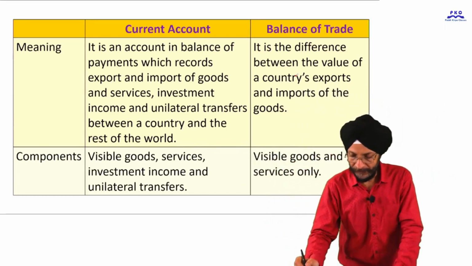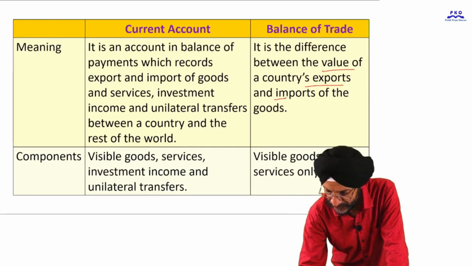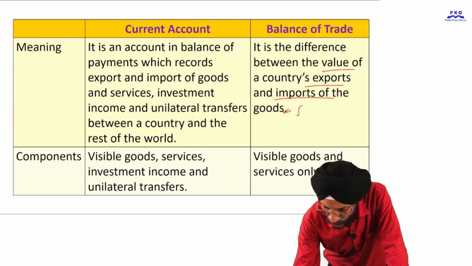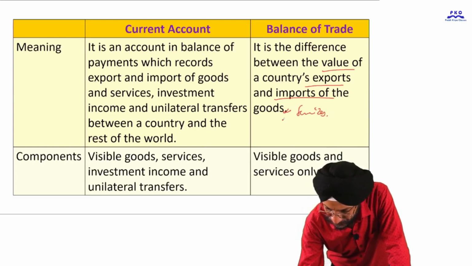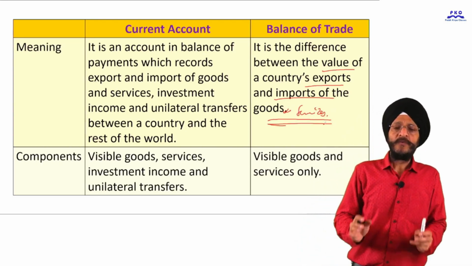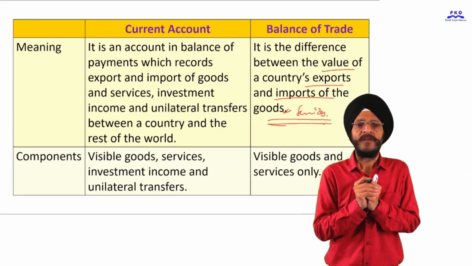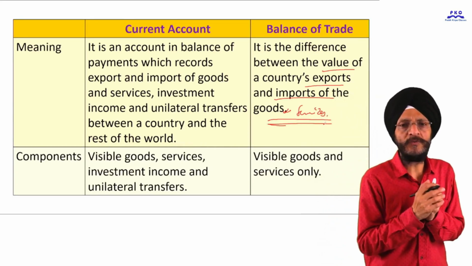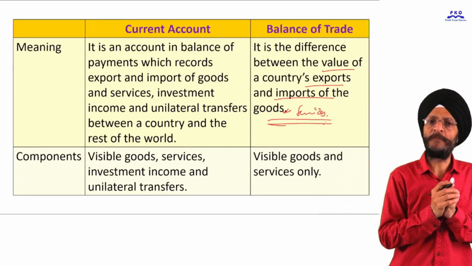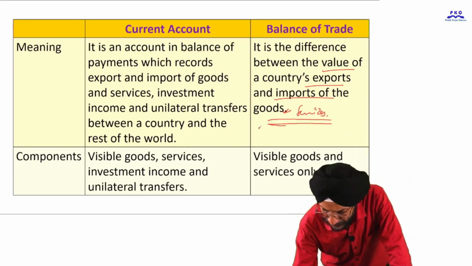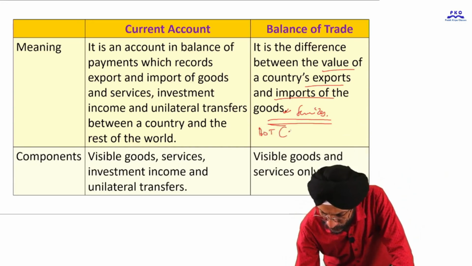On the other hand, balance of trade is the difference between a country's exports and imports of goods and services. If we say that balance of trade is concerned only with export and import of goods, it is the narrower definition of balance of trade. If balance of trade is only concerned with goods, then it may also be called balance of visible trade.